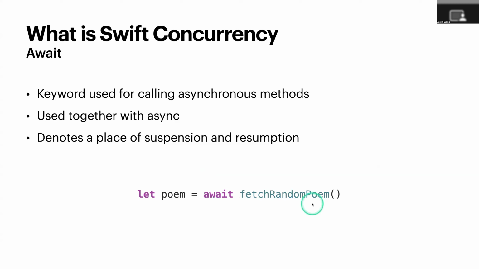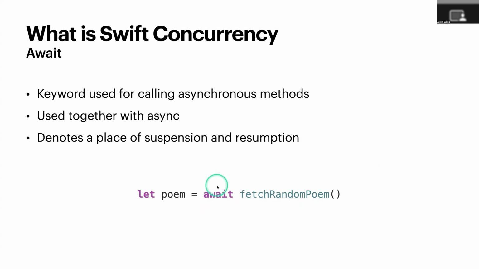So fetch random poem is an asynchronous function. To call an asynchronous function, we have to use the await keyword. Whenever you see await, it should tell you that this line denotes a place of suspension and resumption. The code runs sequentially, right?